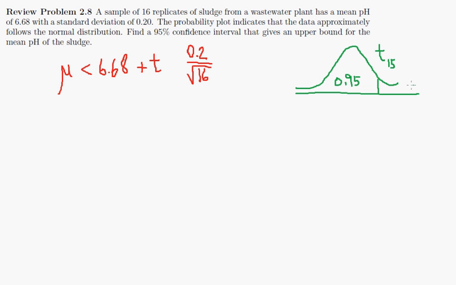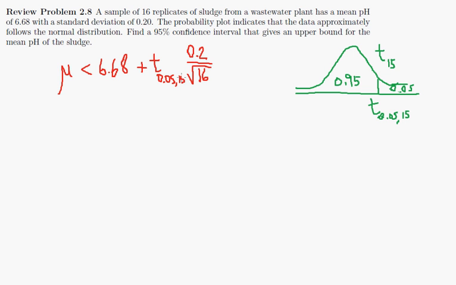So the area to the left has to be equal to 0.95, and so the area under here has to be equal to 0.05. And so our symbol is that this number is going to be t sub 0.05, corresponding to 15 degrees of freedom. Okay, so that's the number that's going to appear here, 0.05, comma 15.